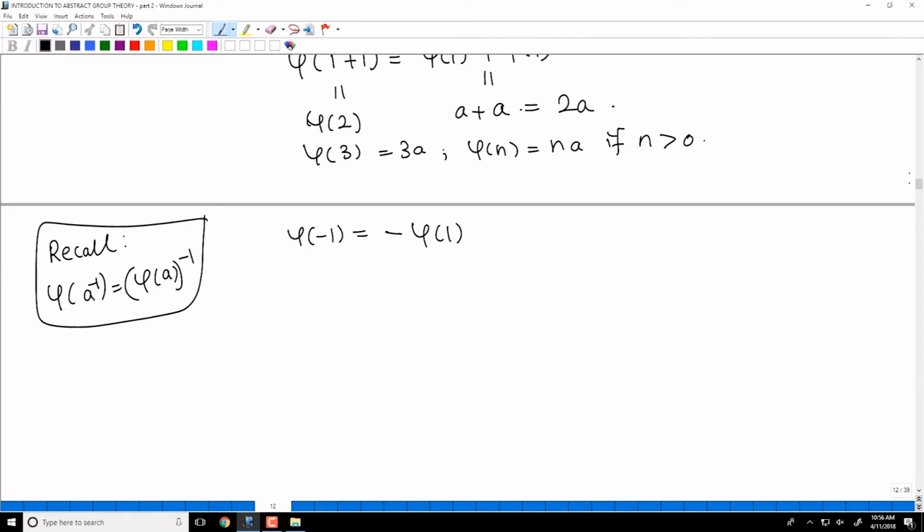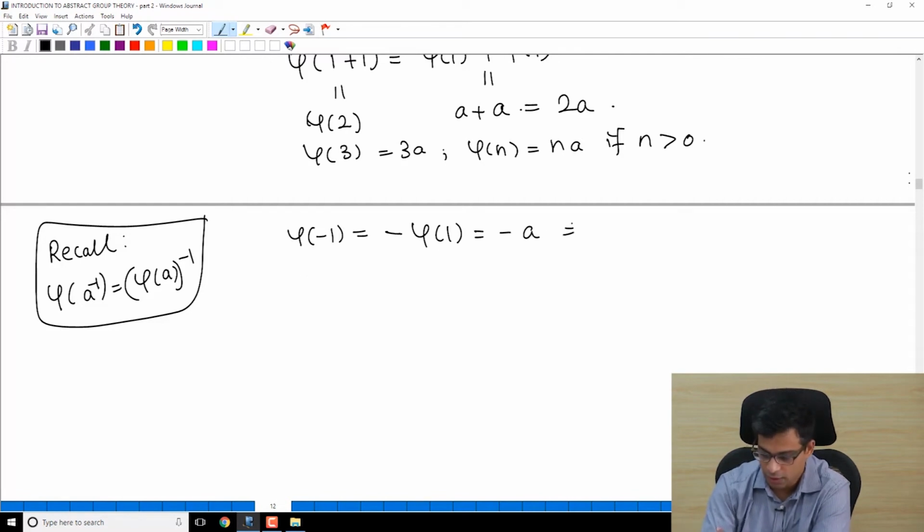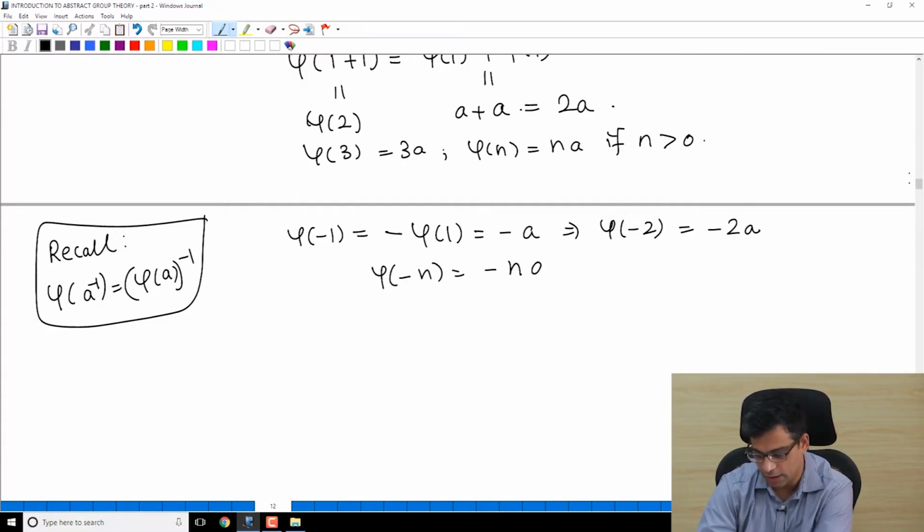The concept is the image of the inverse of a. a inverse is just a symbol for the inverse of a. The image of the inverse of a is the inverse of the image of a. So in this case, the inverse of 1 is minus 1. So minus 1 maps to the inverse of the image of 1, which was a. So phi of minus 1 is minus a. So that means phi of minus 2, by the same logic as before, is minus 2a. So you have phi of minus n is minus na.